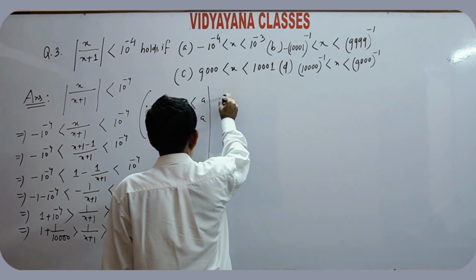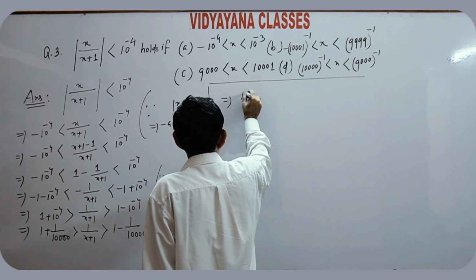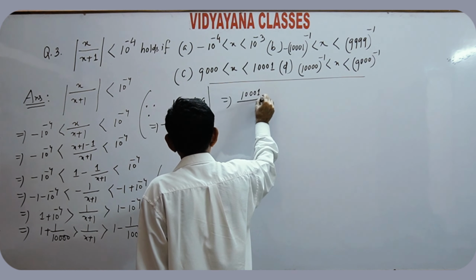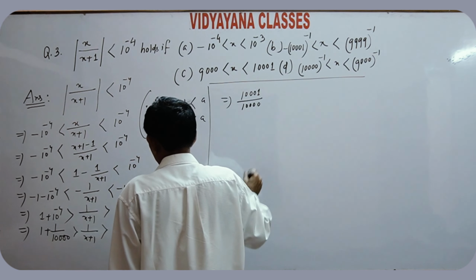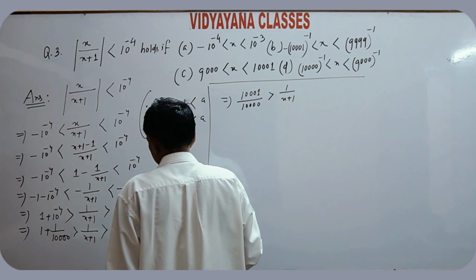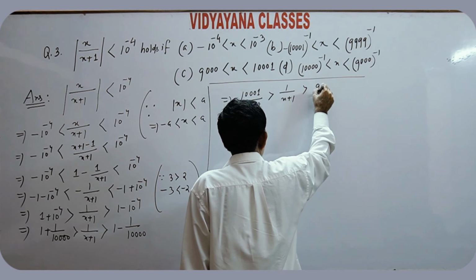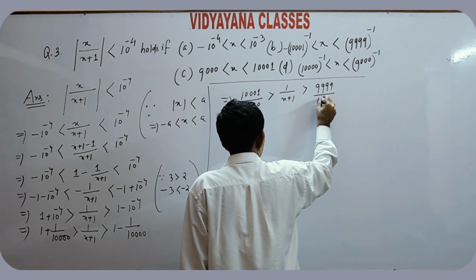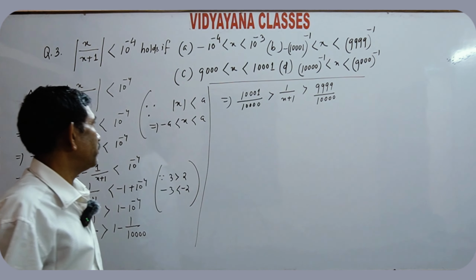Which gives 10,001 divided by 10,000 greater than 1 divided by x plus 1 greater than 9,999 divided by 10,000. Clear?